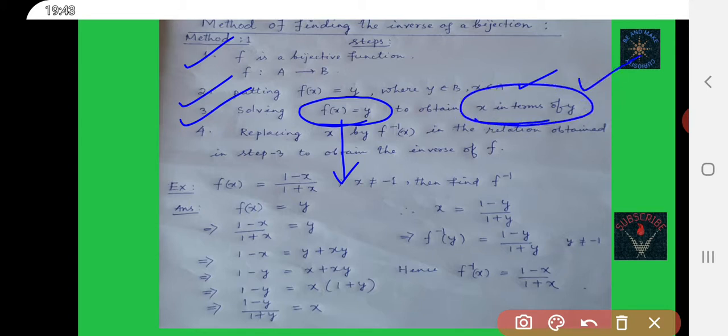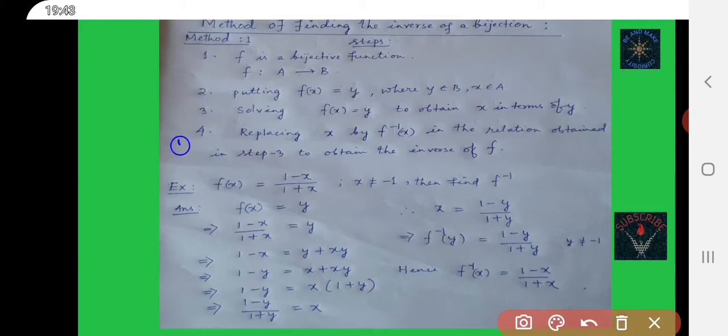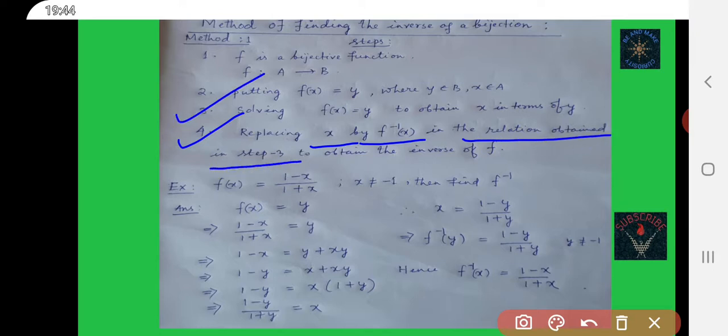This is very important. Now in the fourth step, replace y by f inverse of x in the relation obtained in step 3 to obtain the inverse of f.